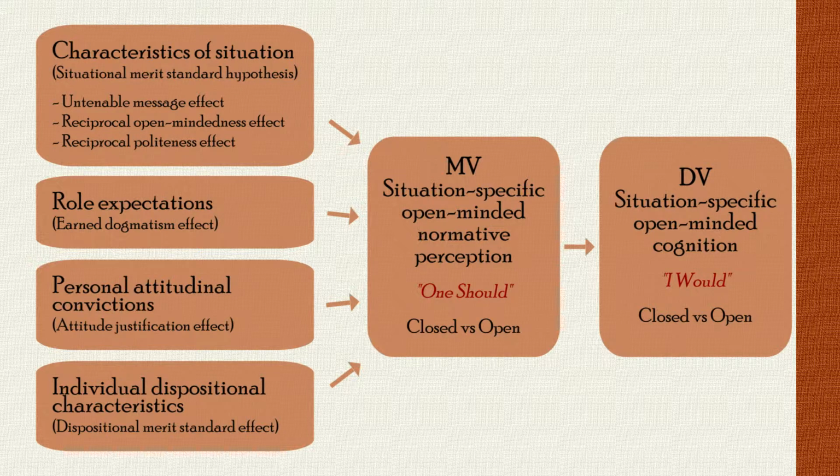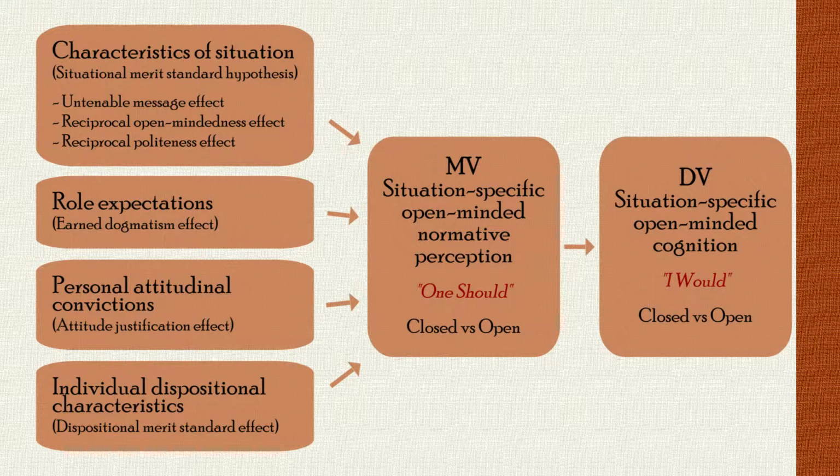Which in turn then influences the individual's personal level of open-minded cognition within the specific situation. So you see multiple determinants of open-minded cognition on the left side of this screen, represented by the boxes.